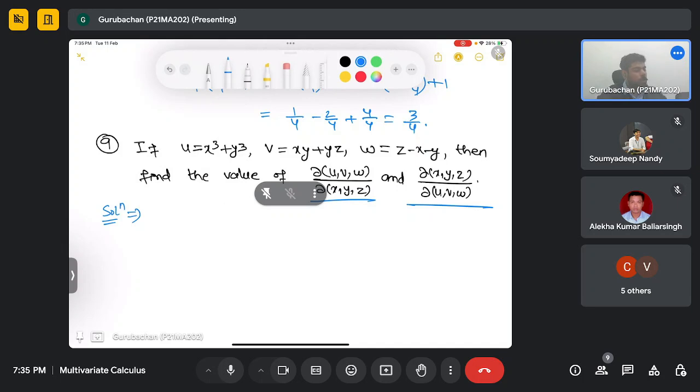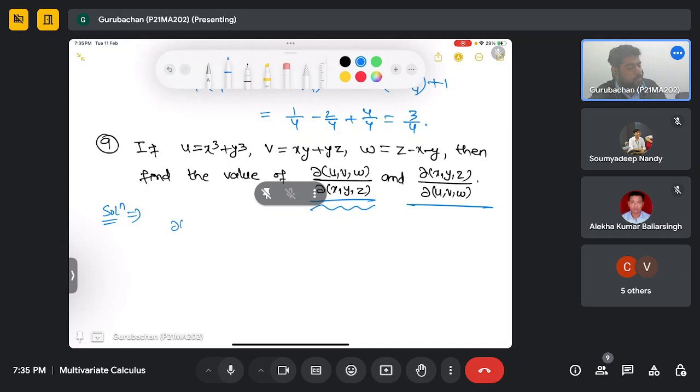So let me tell. It is easy to compute this first quantity. And the reason is we have given u in terms of x and y, v in terms of x and y, and w in terms of x, y, z.